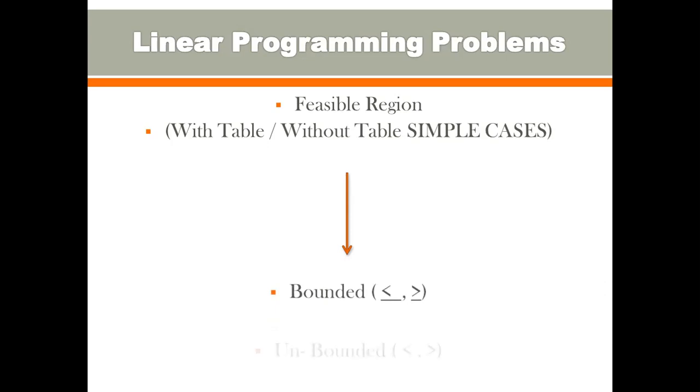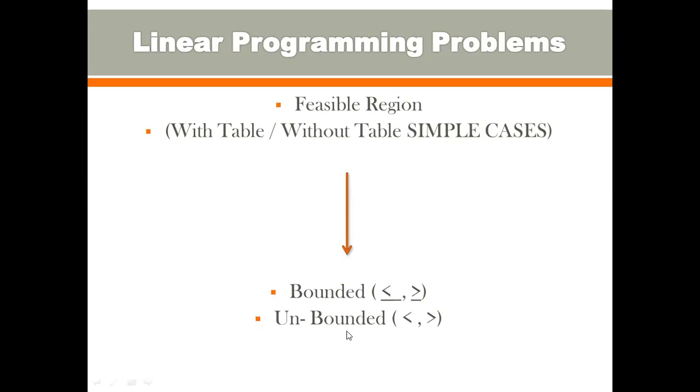So basically class, if you remember last year, we studied these two types of regions or names in LPP problem. That is, one was the bounded region and the second unbounded region. So bounded, as the word says, is also called as restricted or closed elements. So all the sums involving less than equal to or greater than equal to are called as bounded regions.